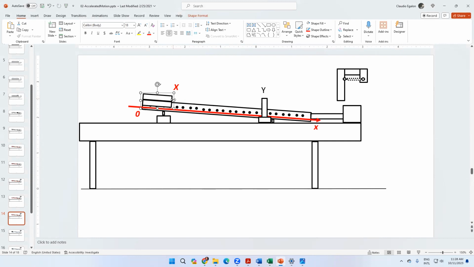This distance from the front bumper of the cart until the middle of the photo gate is the distance D, so it should be the magnitude of X minus Y. And we release the cart from different heights, and we get different times that the cart takes to go by the photo gate.